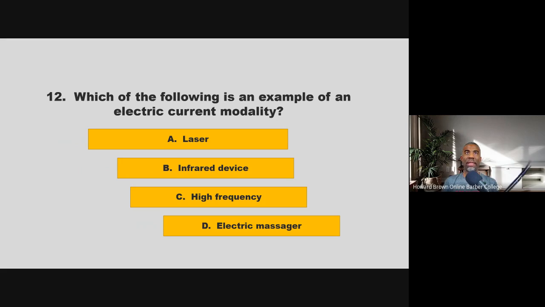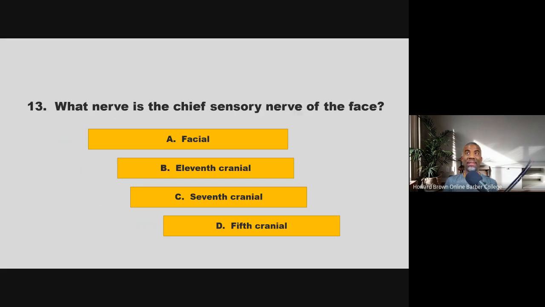Which of the following is an example of an electric current modality? Is it laser, infrared device, high frequency, or electric massager? If you chose C, high frequency, you are correct.